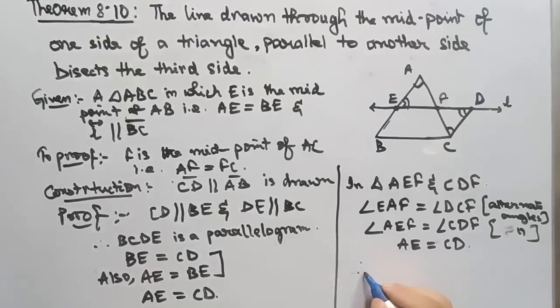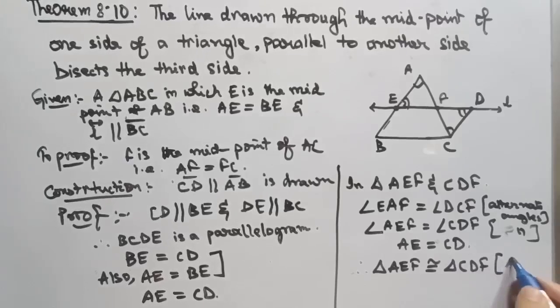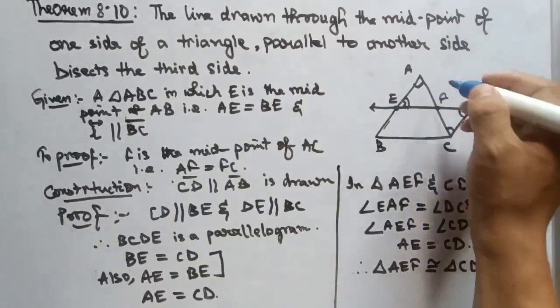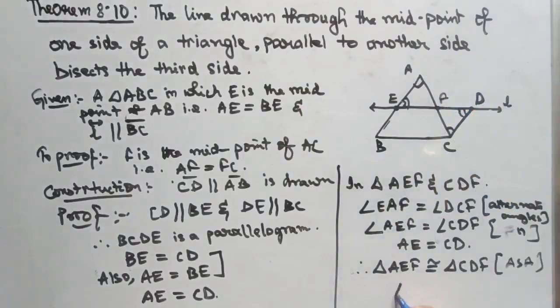So by the ASA congruence rule, triangle AEF is congruent to triangle CDF. So now, since these two triangles are congruent to each other, we can say that the side AF is equal to FC.